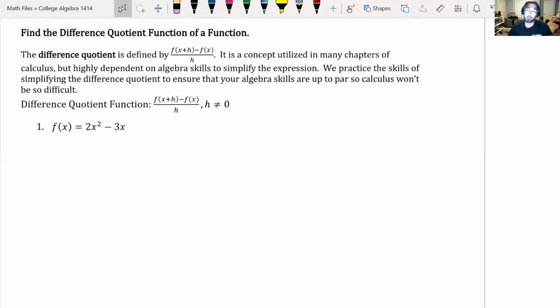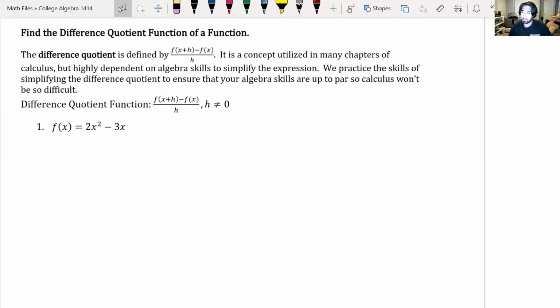You will see the difference quotient again in pre-cal, probably just as a review, but then you will see the difference quotient big time when you get to calculus. The difference quotient makes up part of the definition of the derivative. And if you're wondering what the derivative is, it is just a fancy word for slope.